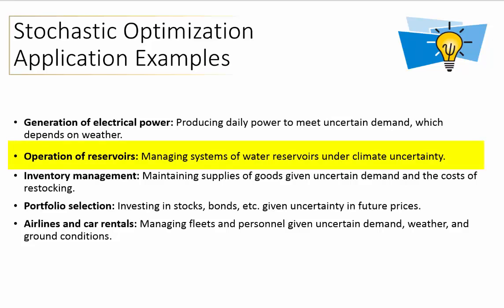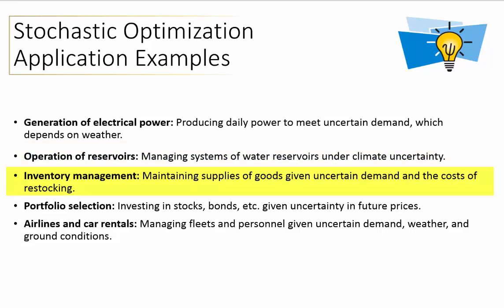In operation of reservoirs, systems of water reservoirs and their connecting flows have to be managed in a reasonable manner for drinking water, flood control, recreation, and the protection of fish runs under climate uncertainty. In inventory management, supplies of retail goods or spare parts must reliably be maintained given uncertain demand and the costs of restocking.